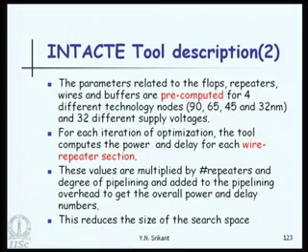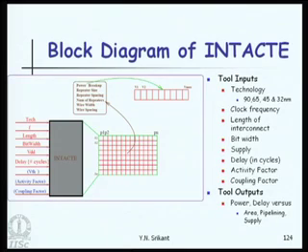This reduces the size of the search space. The limitation is that you cannot pipeline these sections of different varieties combined with each other; they are all supposed to be identical. Here is the block diagram; there are many inputs, and in this design space we are going to enumerate various points, and the user can pick any one of them.